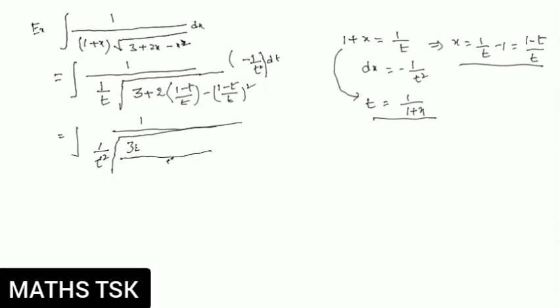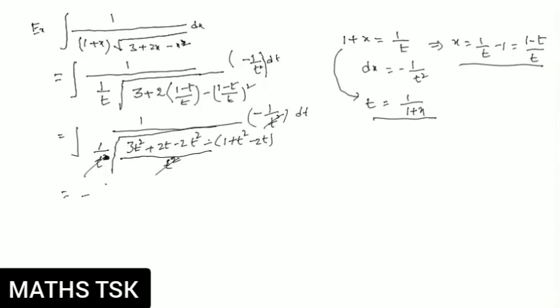So 3t square plus 2t minus 2t square, and (1 minus t) whole square is 1 plus t square minus 2t. I have taken 1 by t square common, and t square gets cancelled with the minus 1 by t square here, into dt.